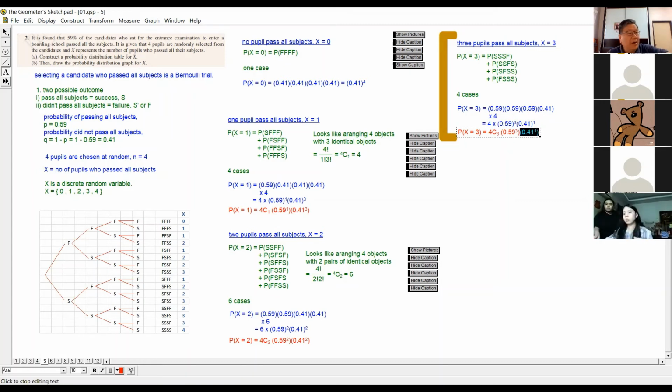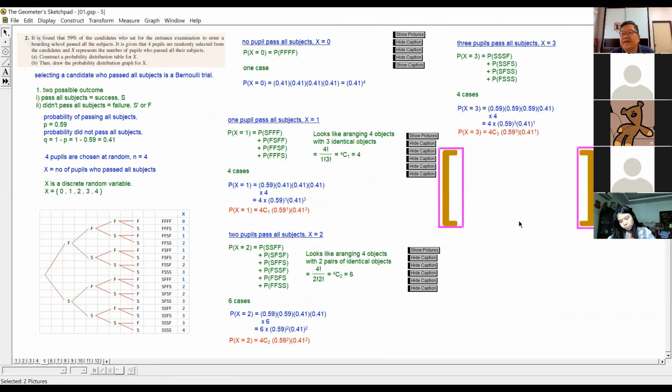Sometimes it may be all success and no failure, so the failure is 0, success is n. So when you count the probability, there are always 3 components: the number of outcomes, number of success, number of failure. So it's very easy to find the probability of a binomial distribution. Only 3 components.